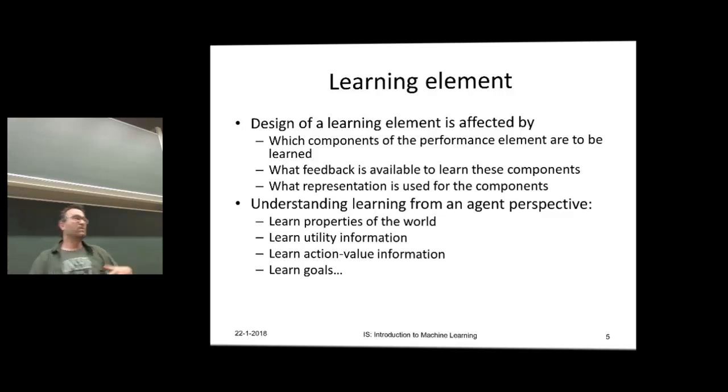Then the question is what representation is used, and that's something we'll look into in more detail later in this lecture. What the agent does is learn properties about the world it performs in. It might also learn more information about the success it has, so things becoming more clean and so forth. It can also learn its own behavior, more in a genetic algorithm way, that if it takes certain actions, things happen.